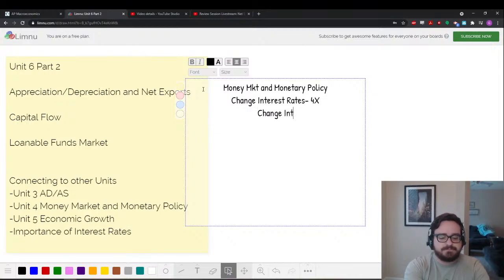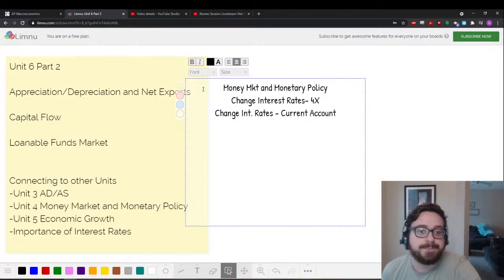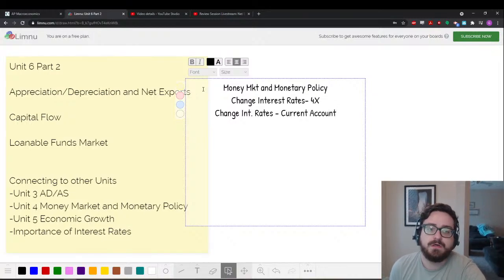Additionally, any change in interest rates will probably also affect your current account. Could also affect your financial account. The idea being that if you have a higher interest rate, it's going to make it harder for people in your economy to spend. So when I say, like, I drive a Toyota, it's a Japanese car, right?